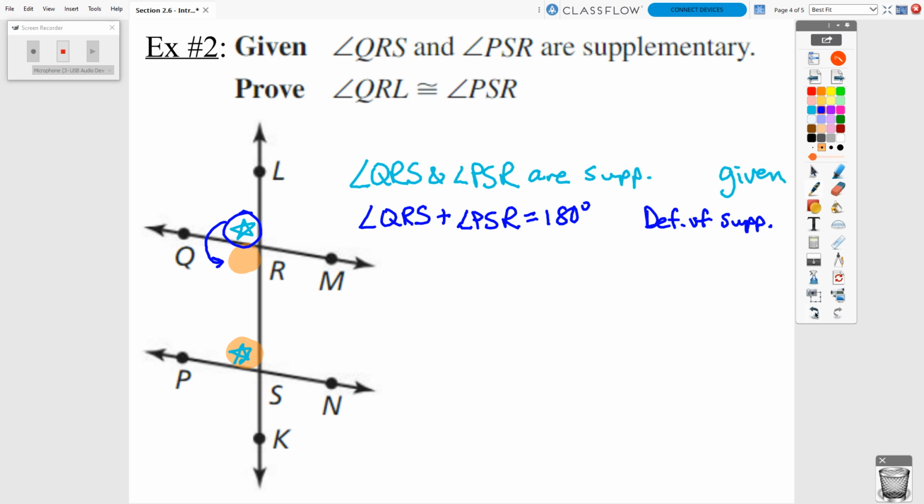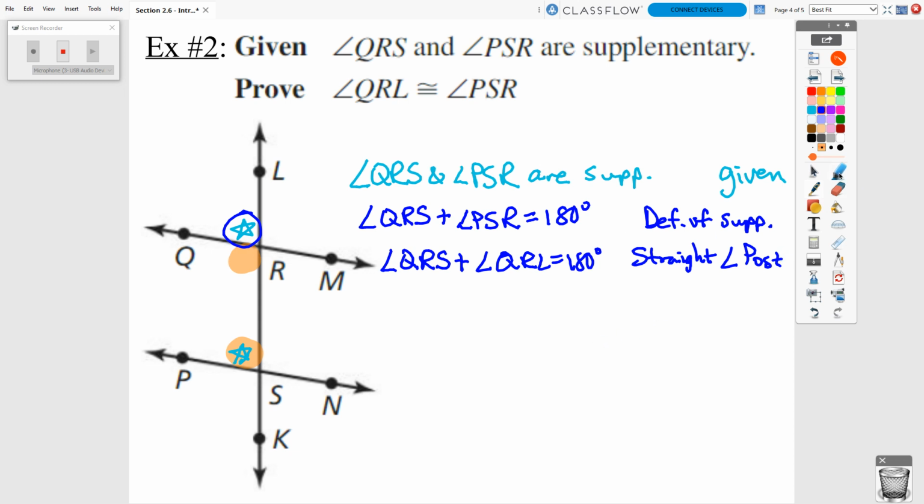What do we know is true about angle QRL and angle QRS? Well, they're a linear pair, right? And we have two angles that are on a straight line, so we know that angle QRS added with angle QRL, they have to add up to be 180. And how do we know that's true? That good old straight angle postulate tells us that has to be true. And remember, the straight angle postulate does not state that angles are supplementary. It says any number of angles that are on a straight line add up to be 180 degrees.